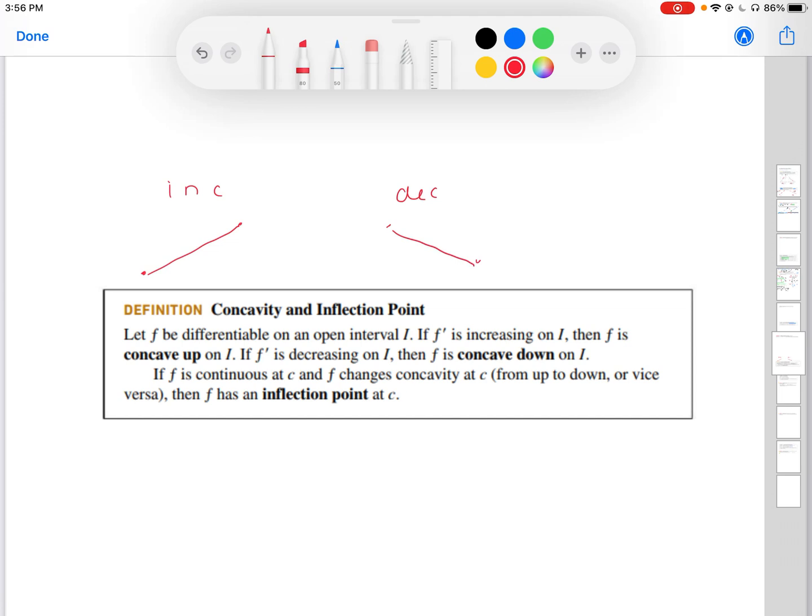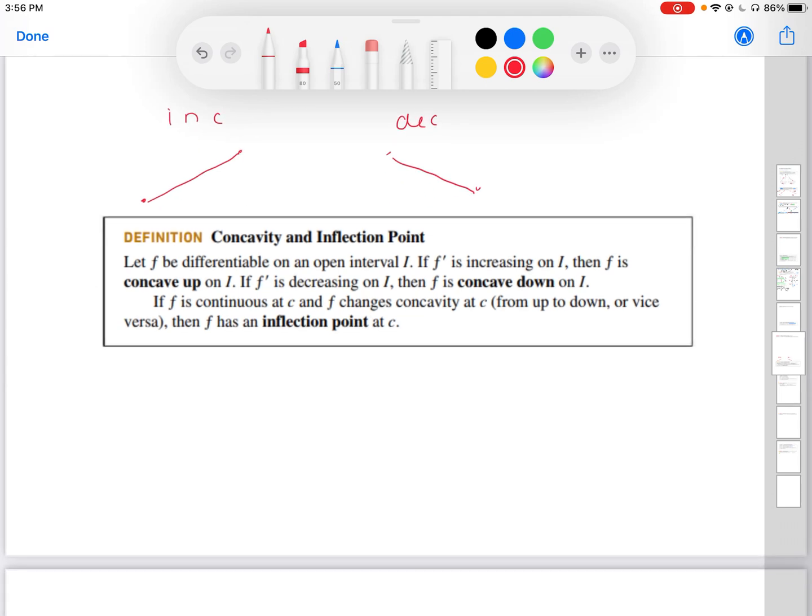Now let's talk about concave up. I could have a situation where it's increasing and decreasing and they're both concave up. So increasing means it goes from left to right up. Decreasing means it goes from left to right down.